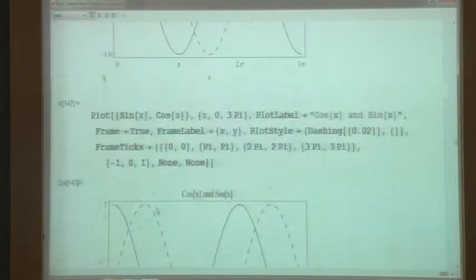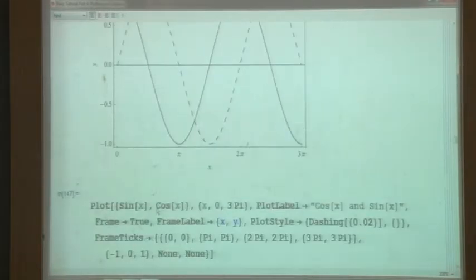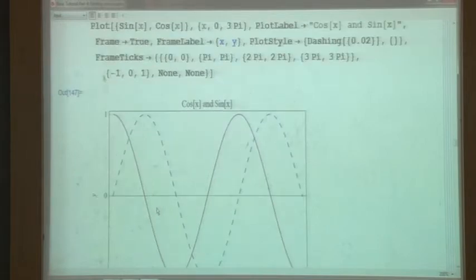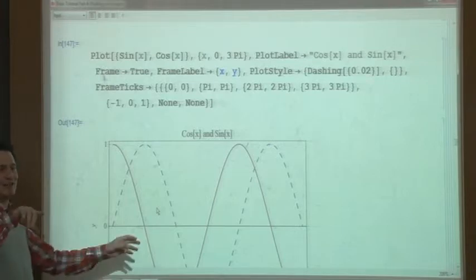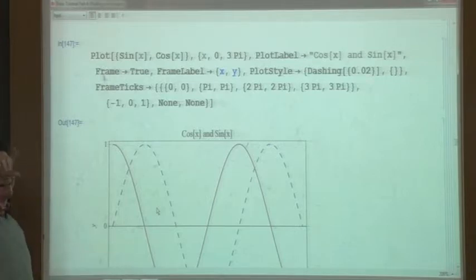So we can practice. You see the ticks are being labeled using which way? The clockwise, starting from the x, right? X, y, right.